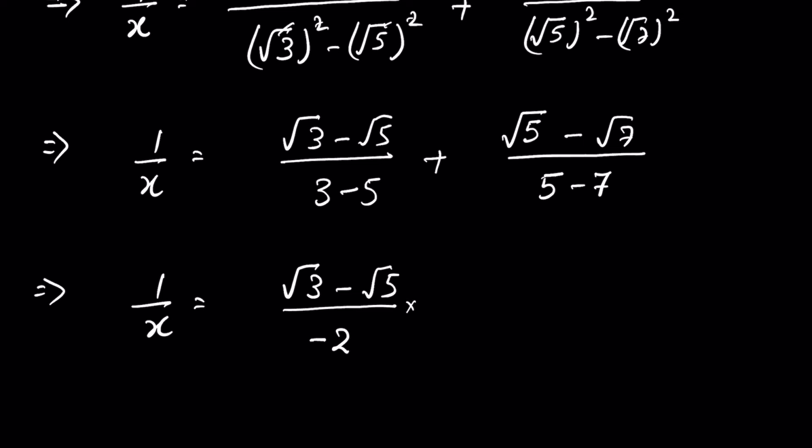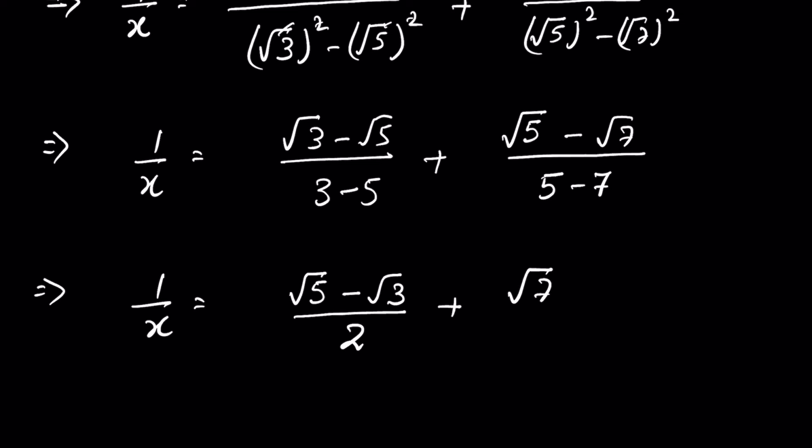If we multiply and divide by minus 1, both numerator and denominator, so it will be square root of 5, minus becomes plus, and minus square root of 3 upon 5 minus 3 is 2, plus square root of 7 minus square root of 5 upon 2.